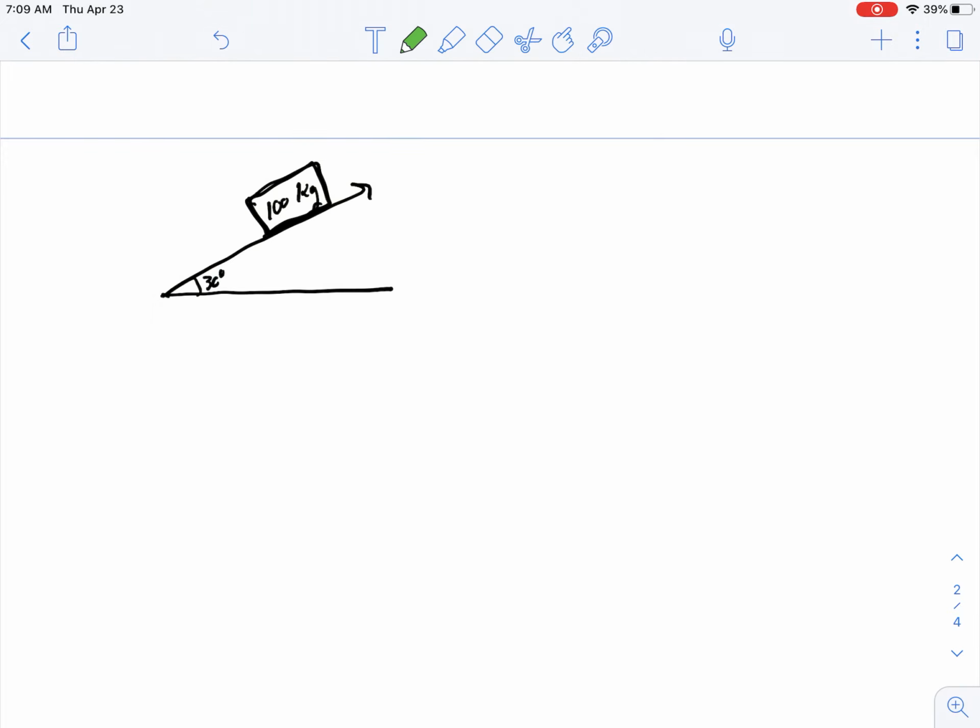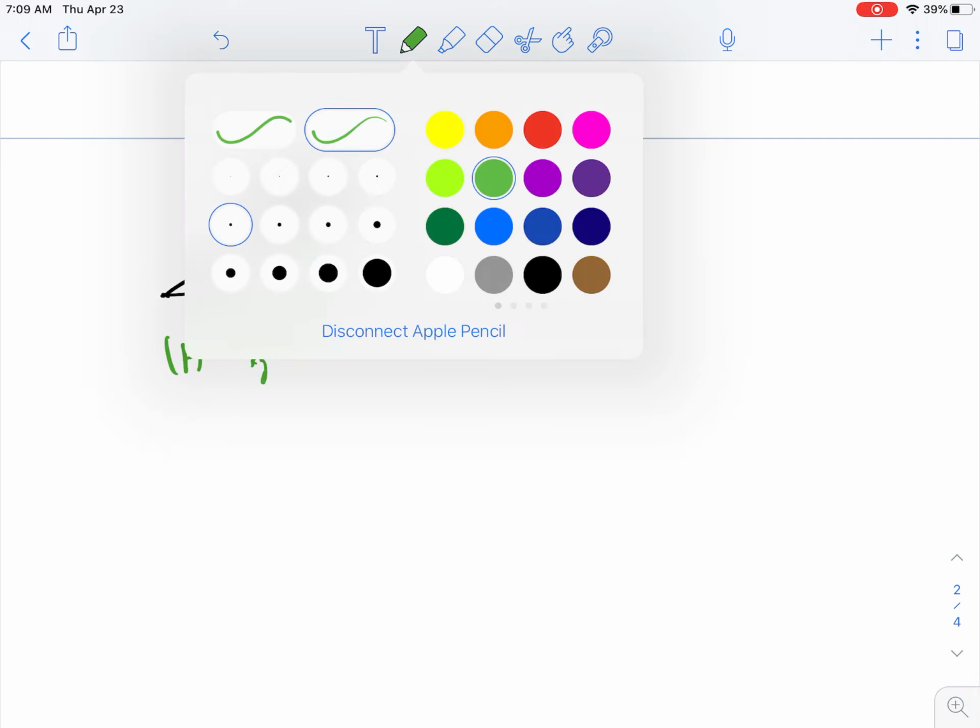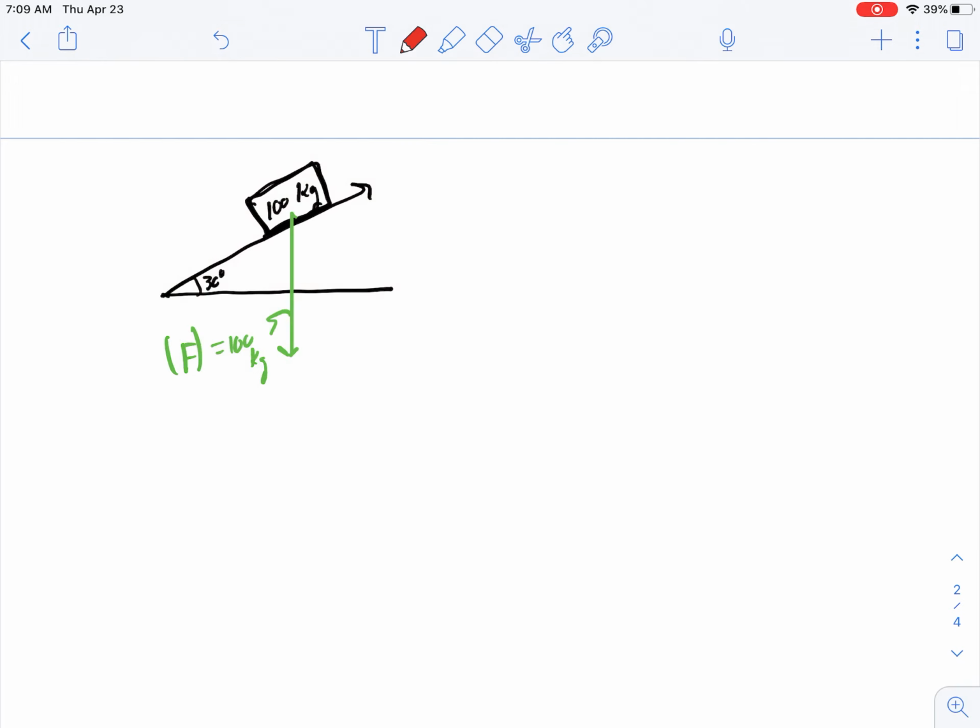Well, you have a lot of forces going on here. For example, if this is 100 kilograms, you have a force straight down, and that is the magnitude of the force due to the mass. Some other forces: you have a force that's pushing it down the incline.